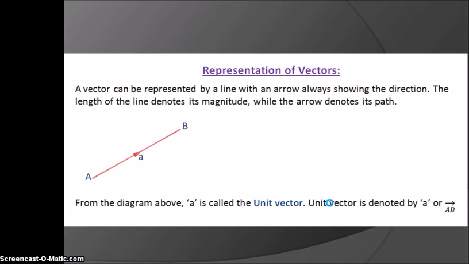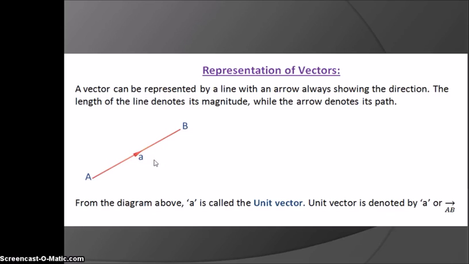Representation of vectors. A vector can be represented by a line with an arrow always showing the direction. In this example, the vector is AB, which is the line. It's moving from A to B, and the direction is shown by the unit vector.